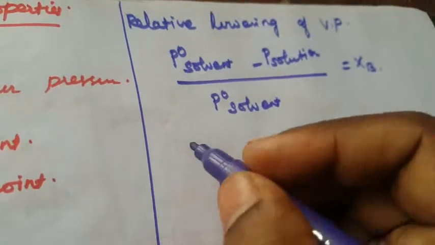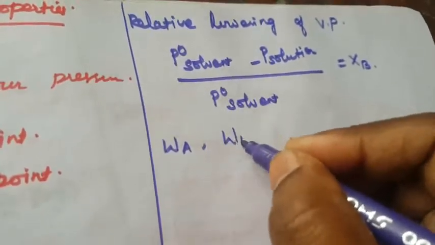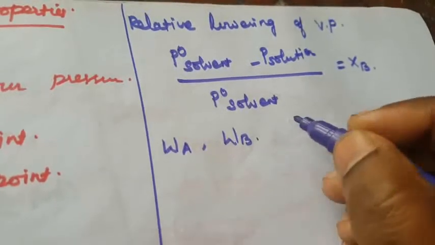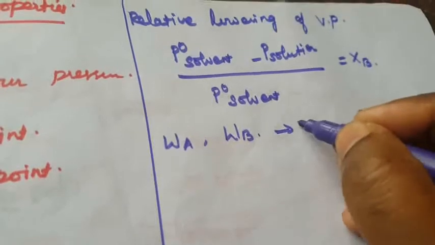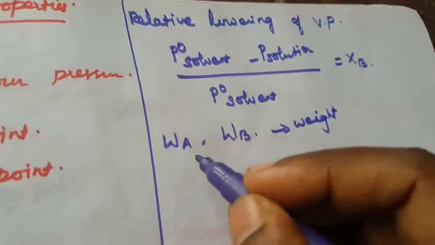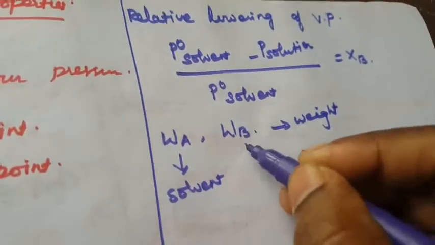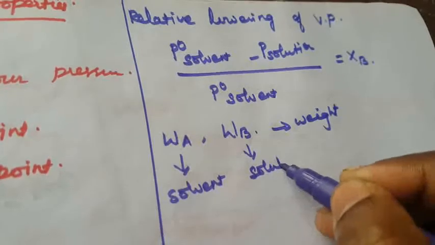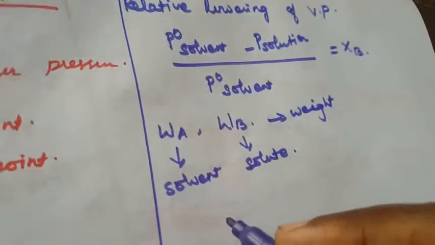What is WA? We already know WA is the weight of component A, the solvent, and WB is the weight of component B, the solute, with MA and MB the corresponding molecular weights, and XB the mole fraction of the solute.